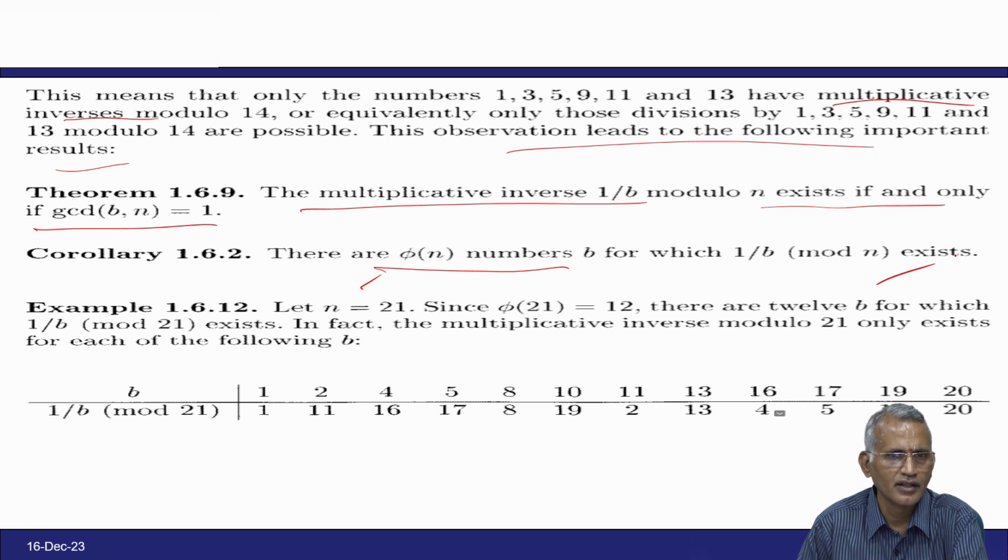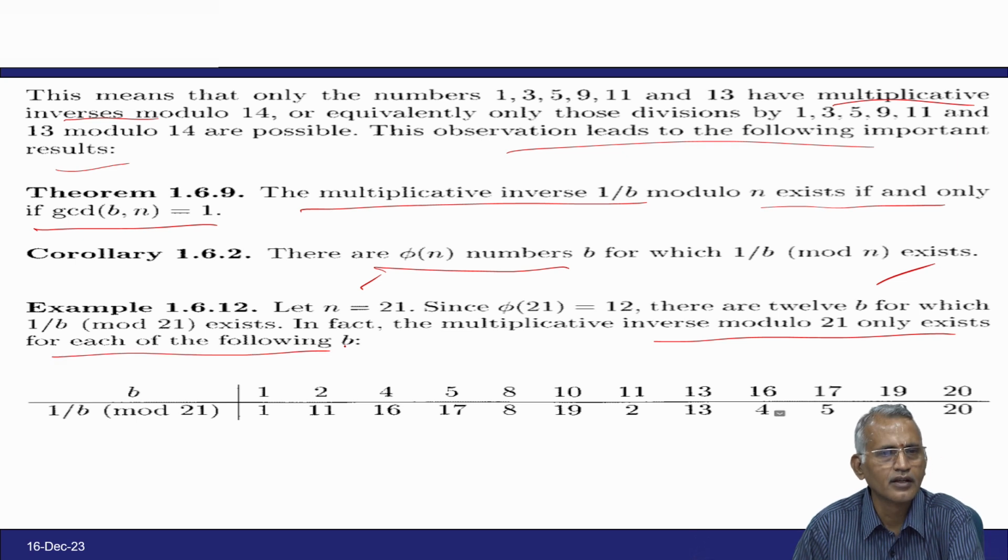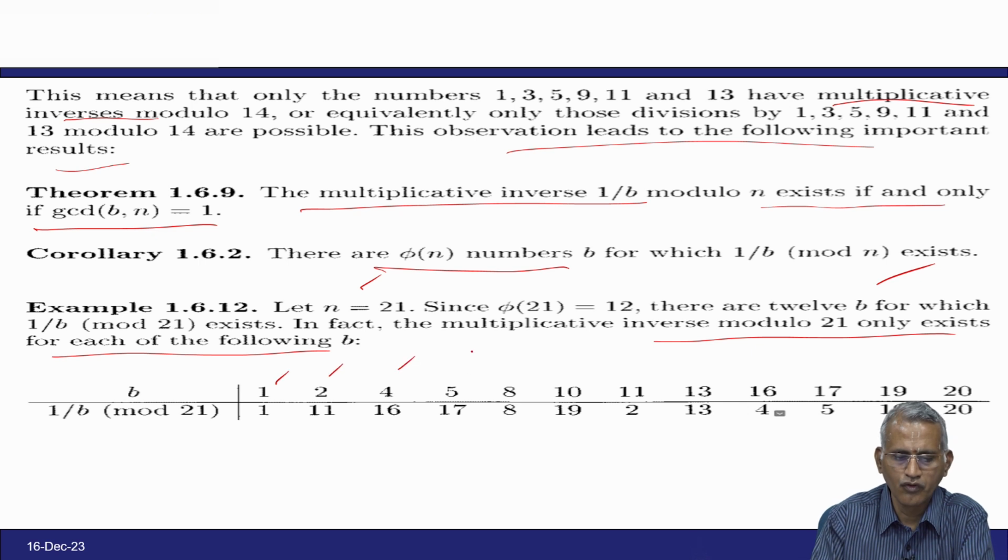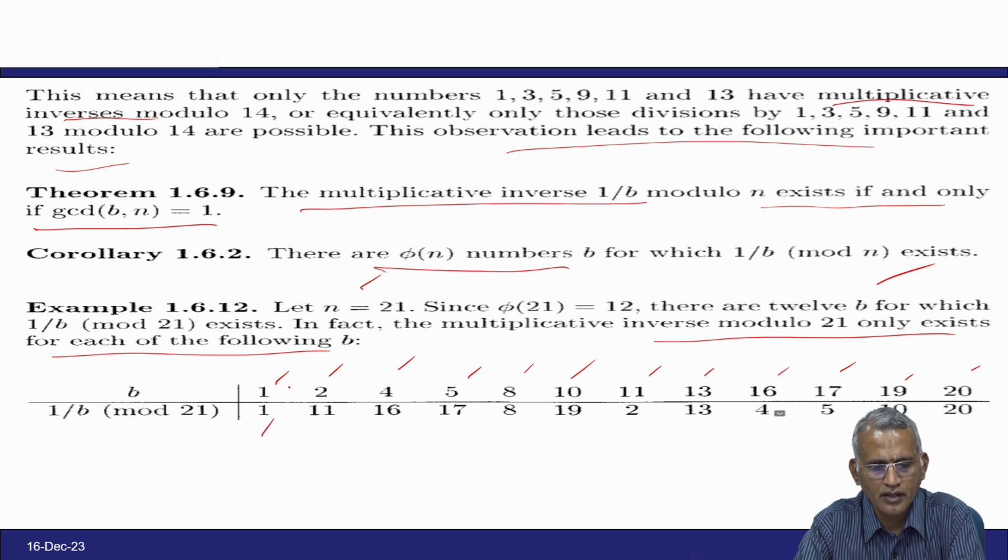So, in fact, the multiplicative inverse under modulo 21 only exists for the following values of b. You take the value of b from 1, 2, 4, 5, 8, 10, 11, 13, 16, 17, 19, 20, and the corresponding inverse is modulo 21. So, for b equal to 2, the inverse of b is 11 under modulo 21, right.